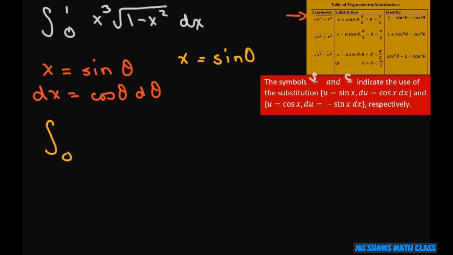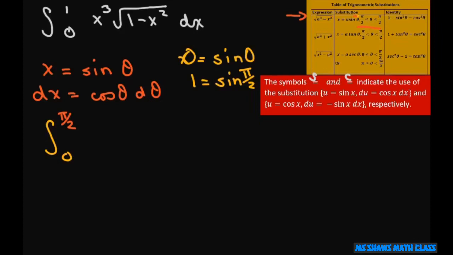And then when you plug in 1, when x is 1, that means our theta would be pi divided by 2, because we have to be in between negative pi over 2 and pi over 2. And at negative pi over 2, it's negative 1. So we're going to change this to pi divided by 2. So basically, sine of 0 equals 0, and sine of pi over 2 is 1.